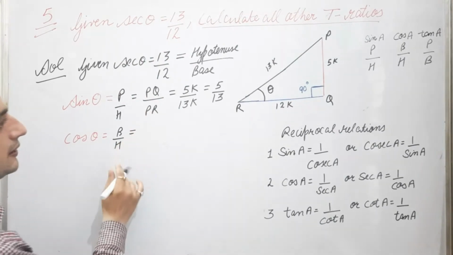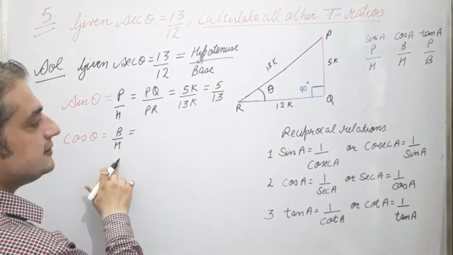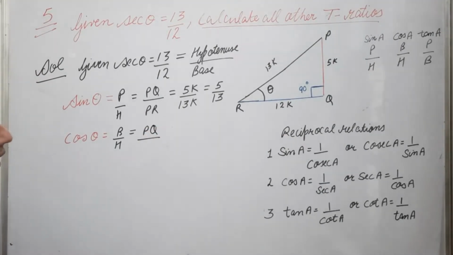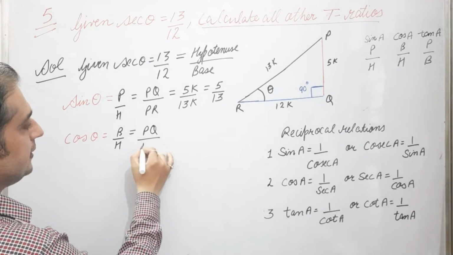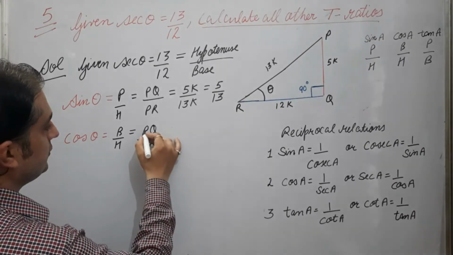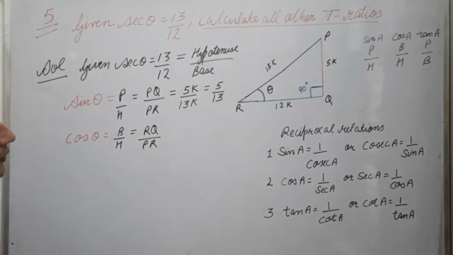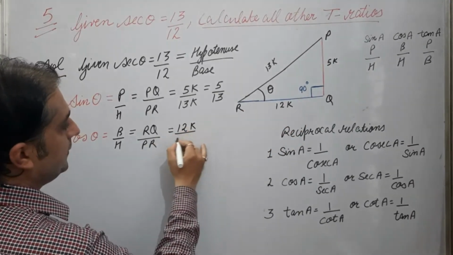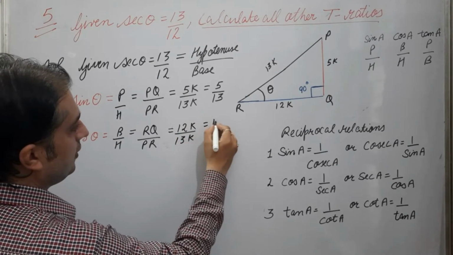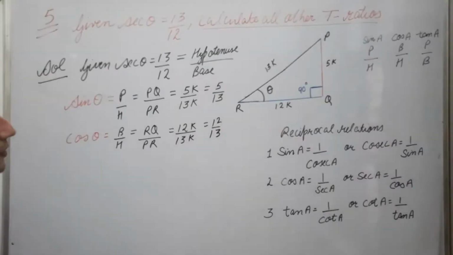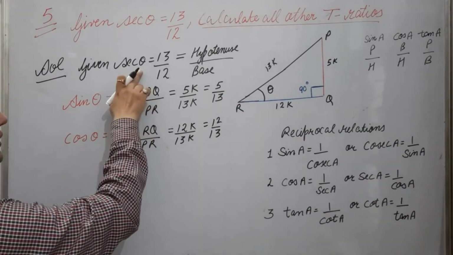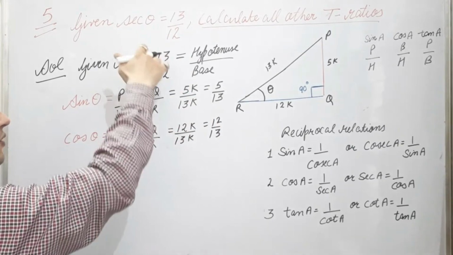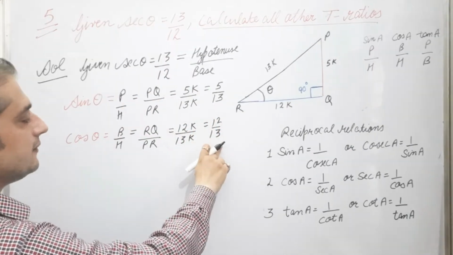Base is RQ and hypotenuse is PR. So RQ is 12K and PR is 13K, so the value is 12 upon 13. This is cos theta. Secant theta is 13 upon 12, and cos theta is the reciprocal of secant theta, that is 12 upon 13.